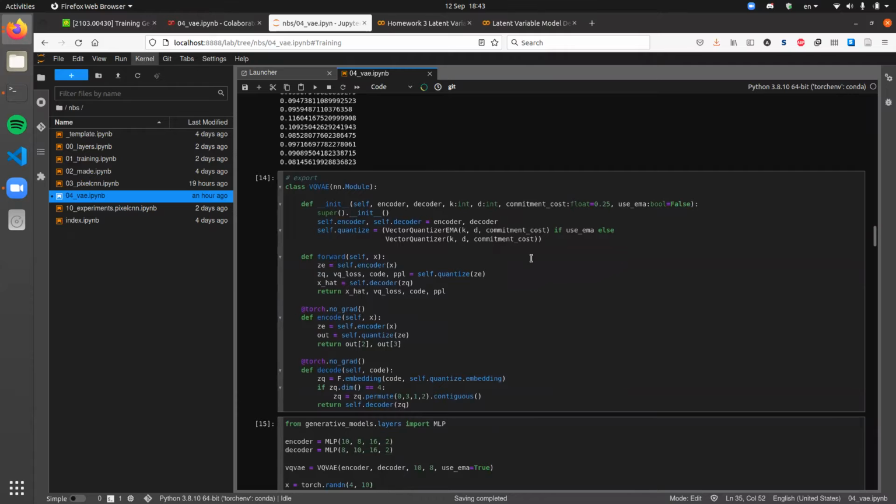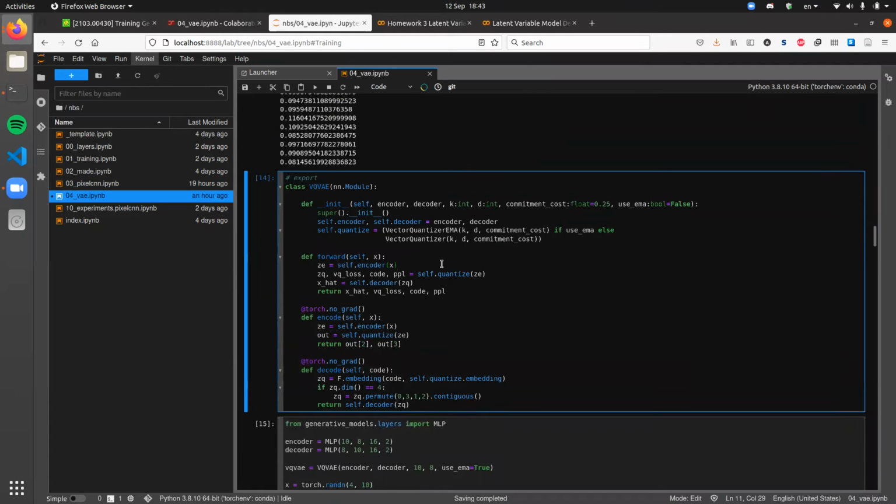Okay, so once this vector quantizer is implemented, we have a regular VQVAE. It will just obtain the encoding of X, quantize it, and get the code and the vector quantized version of our latent, and feed it to the decoder.